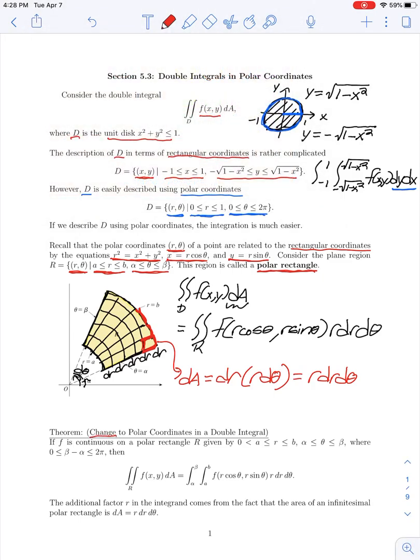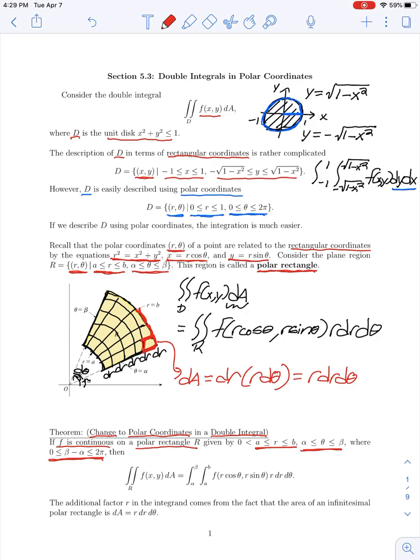So this gives us the following result: how to change to the polar coordinate system if we're interested in evaluating a double integral. Let's suppose that we have a function f which is continuous on a polar rectangle R, defined by r ranging from a to b and theta ranging from alpha to beta, where beta minus alpha is between 0 and 2 pi, so we don't go more than a full 2 pi rotation around our region.